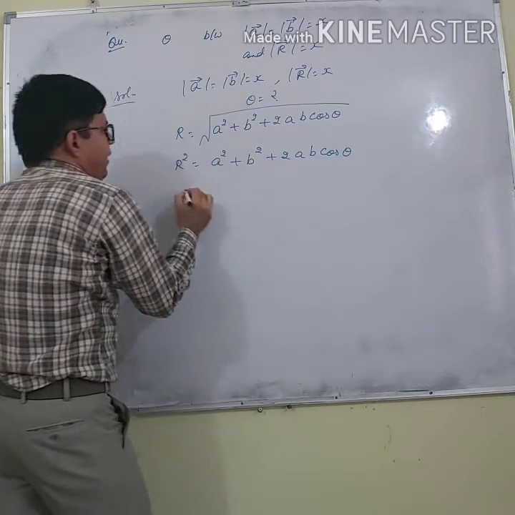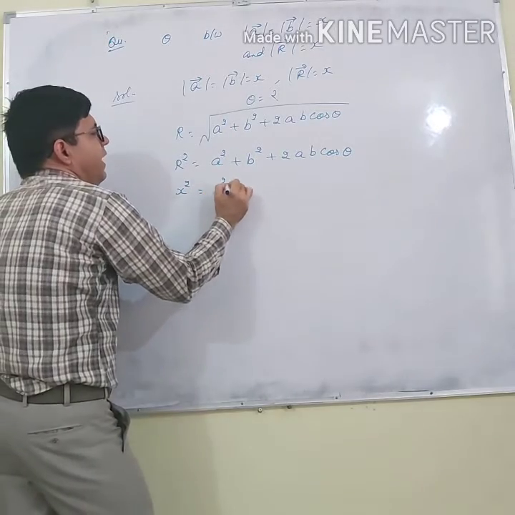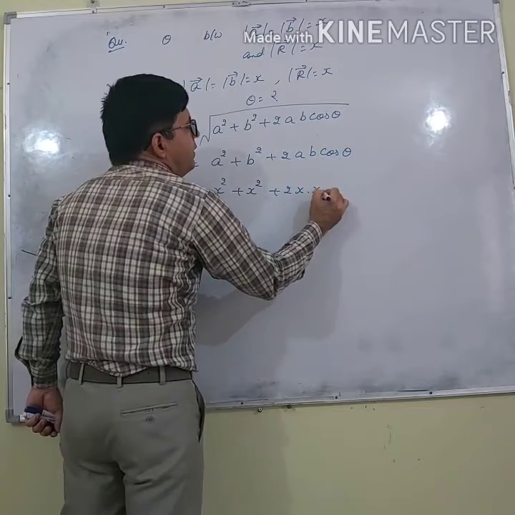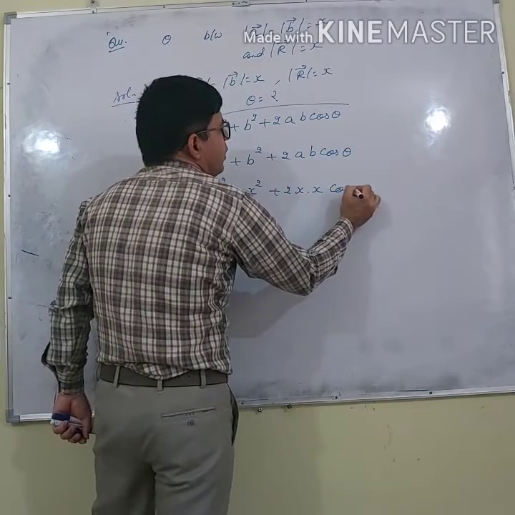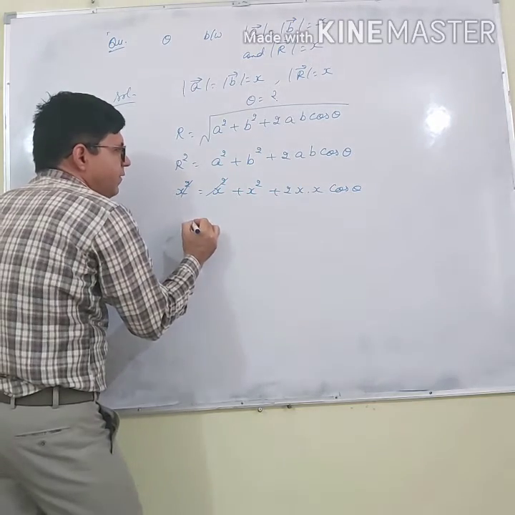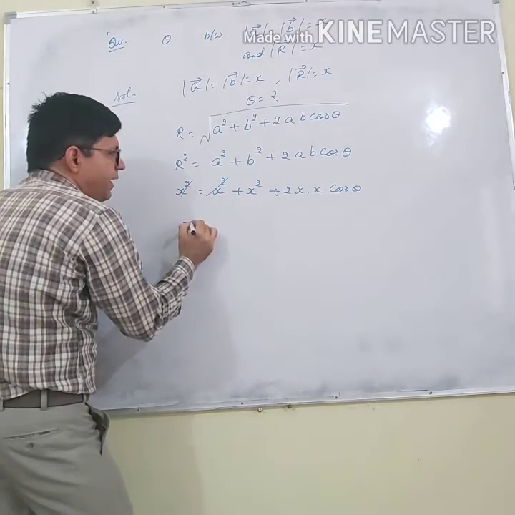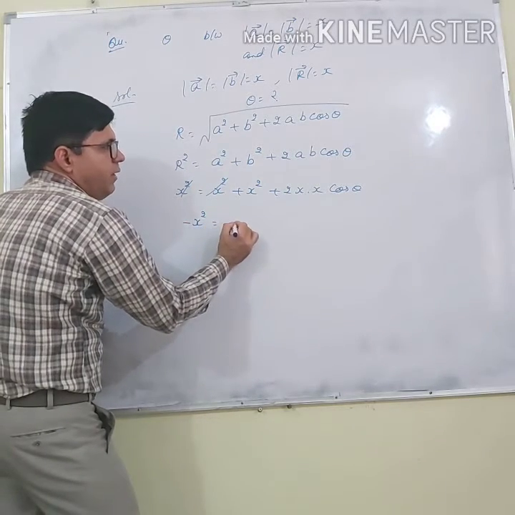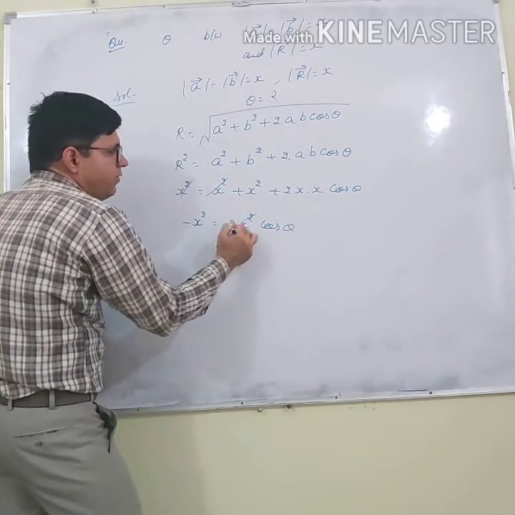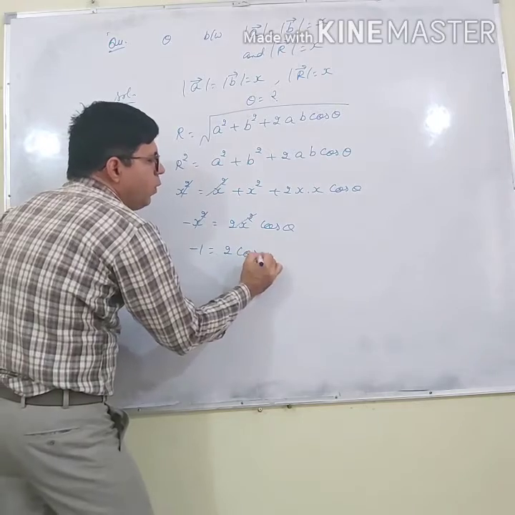R is x, and in place of A and B I will write x. Now x square is cancelled, so when this x square is shifted here, it will be minus x square equals 2x square cos theta. Now x square is cancelled, it will be minus 1 equals 2 cos theta.